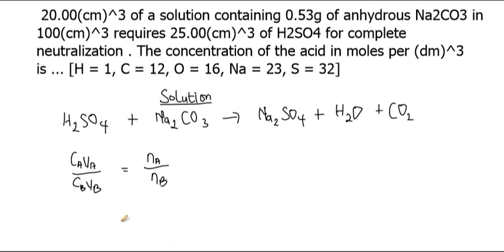Having written out the formula, the next thing is to write out the data given in the question. CA is unknown, VA is 25.00 cm³, CB is unknown as well, VB is 20.00 cm³.